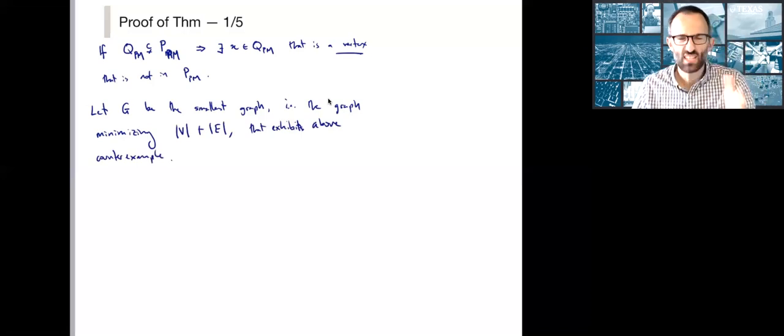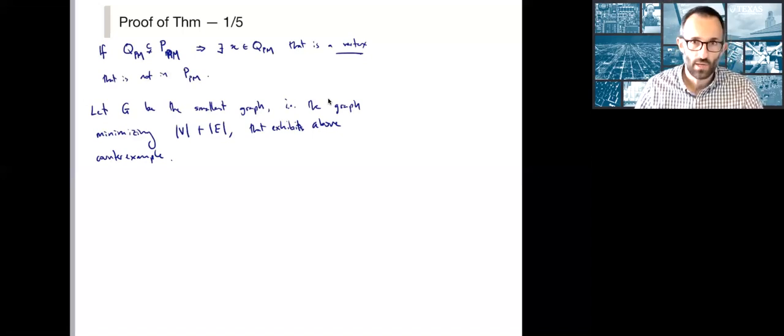Okay, so now G is the smallest such graph, and this is going to allow me to make conclusions, because this is going to allow me to move forward, because in particular any subgraph where I've removed an edge or I've removed a vertex is not able to exhibit the above.